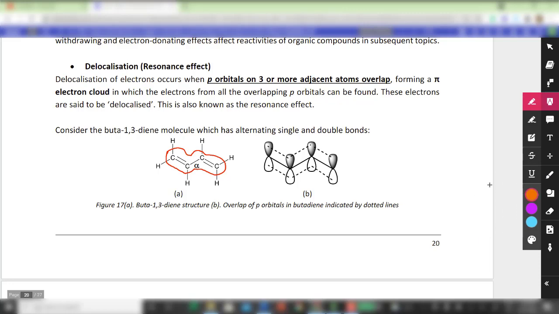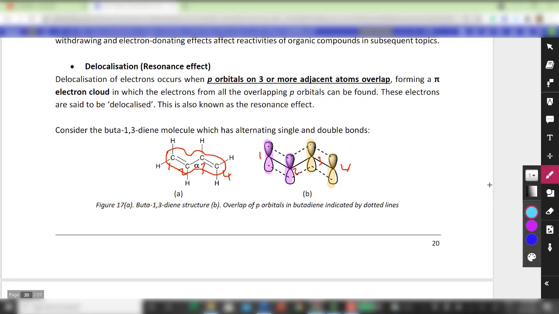For example, carbon 1, 2, 3, and 4. If you say that carbon 1 and 2 form this pi bond by side-on overlap, and then carbon 3 and 4 form this side-on overlap, right?